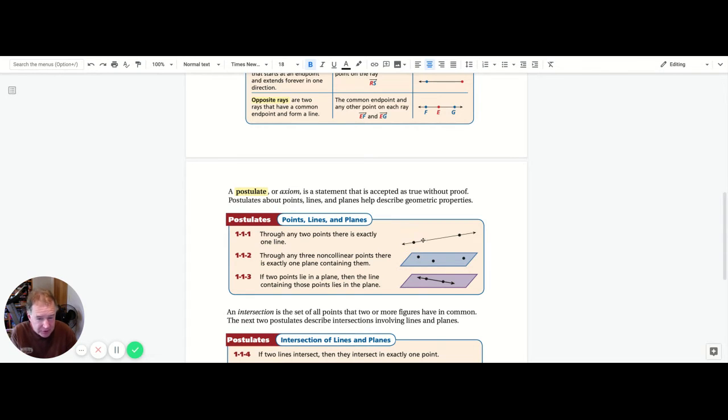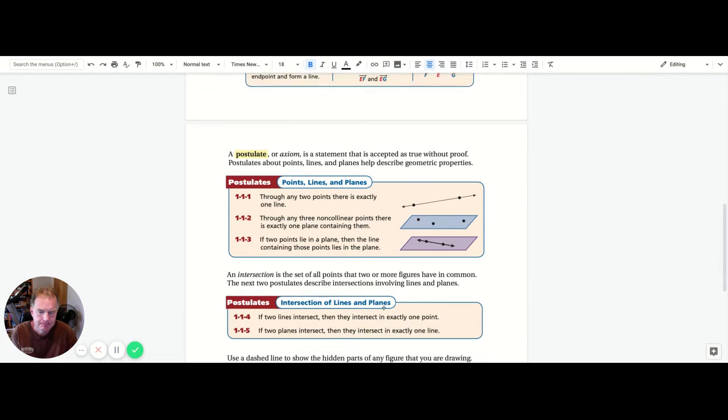We like to prove things in geometry, but it's an obvious thing. Through any 2 points, there's a line. Through any 3 points that are non-collinear, not on the same line, you have one plane that goes through them. So these 3 points are in that one plane.